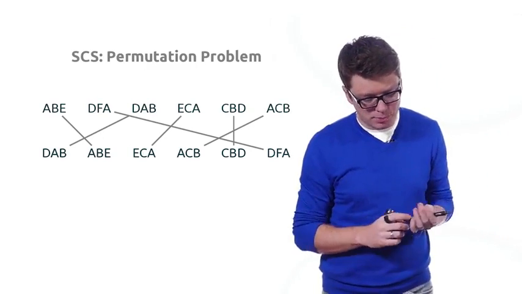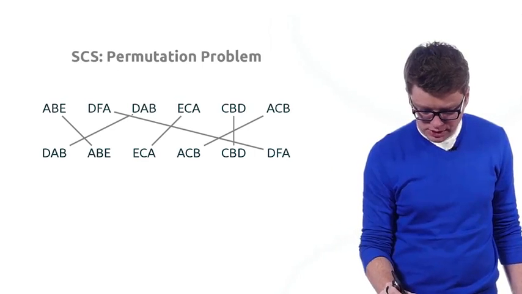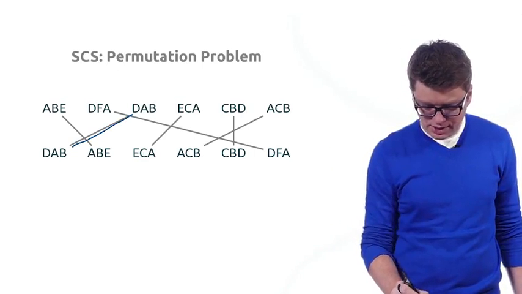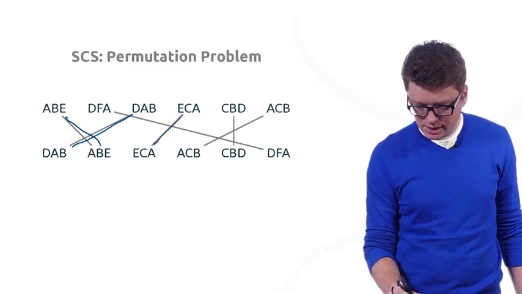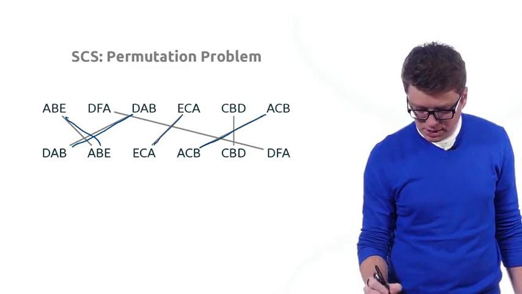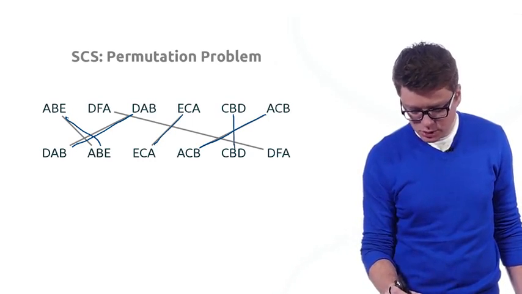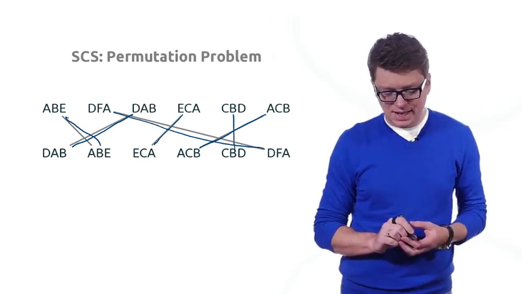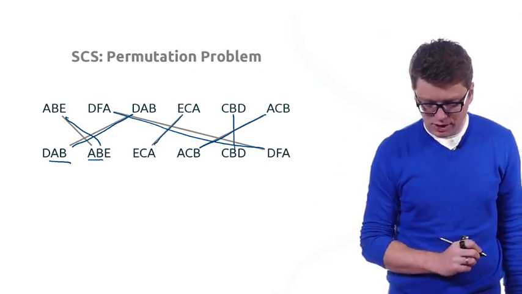For example, if we permute our 6 strings as follows, DAB becomes the first one, ABA the second one, the third one is ACA, the fourth one is ACB, the fifth one is CBD, and the sixth one is DFA. Then we see that the consecutive strings here have overlap 2.